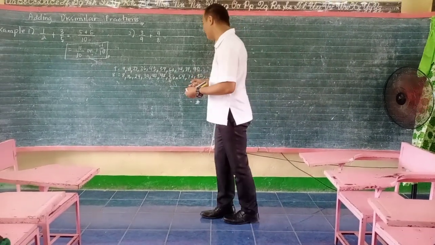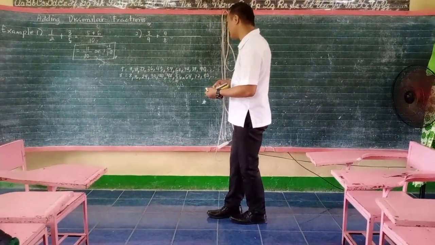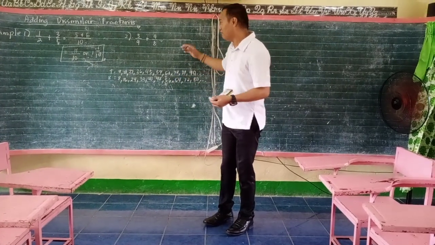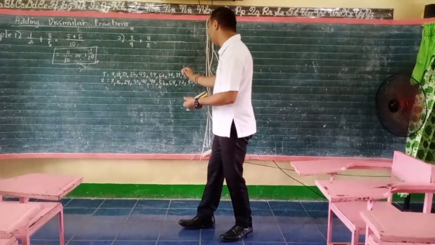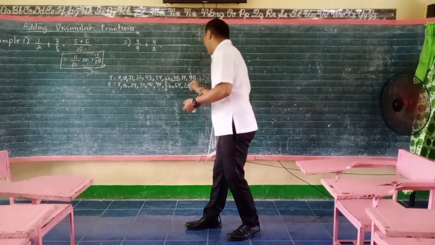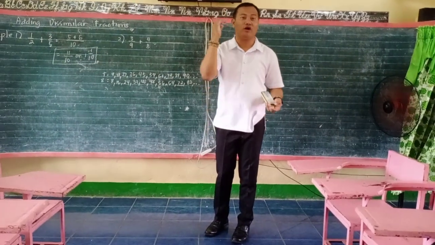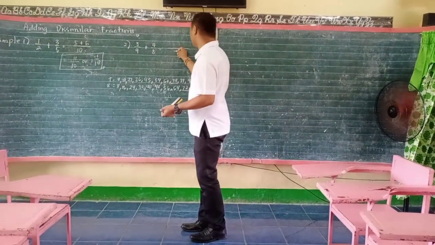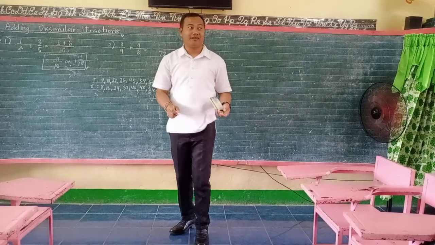Very good. So now, let's determine the LCD, the least common multiple of both 9 and 8. We have 72. Therefore, 72 is the LCD of 9 and 8.